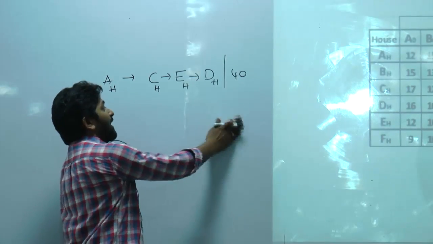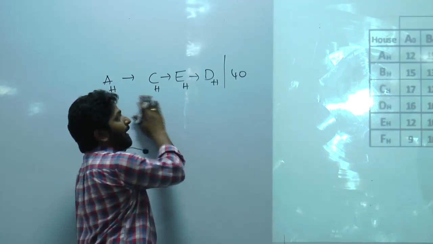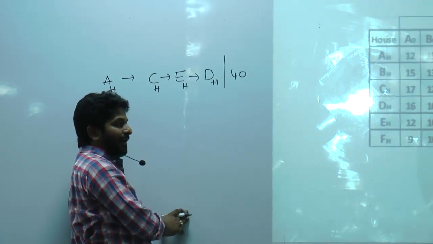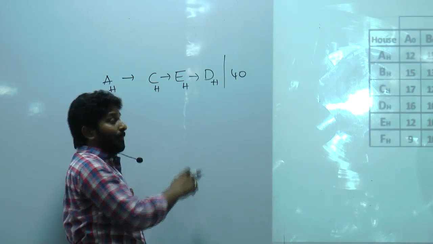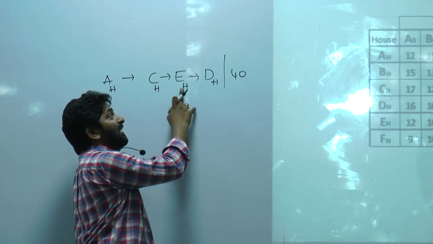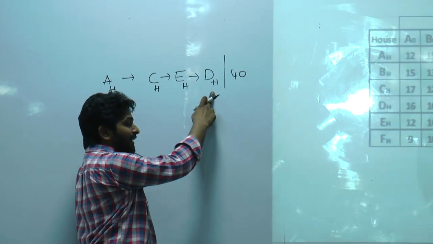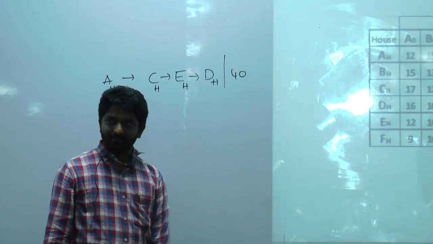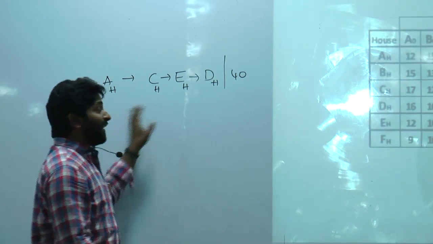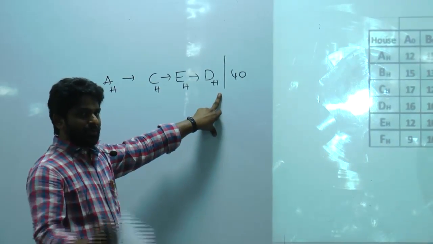Now, A met 3 people. He picked up 3 friends. Now, he needs to drop 3 friends, C, E, D, at their respective offices. Now, A is at D's house.